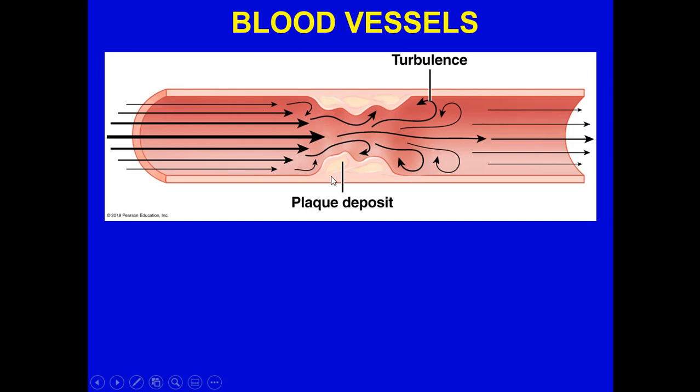Here's turbulence. Let's say this is a plaque deposit right here and here. As a result, remember that you have the slowest movement or the highest friction as you come up against the wall. Well, the wall now here is reduced in size, that's one. But also, as water or any other fluid comes up against these bumpy areas, it would start having turbulence.